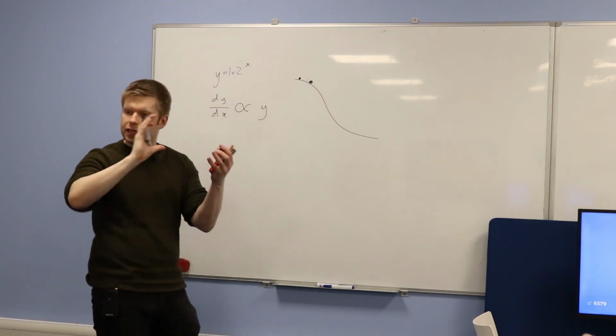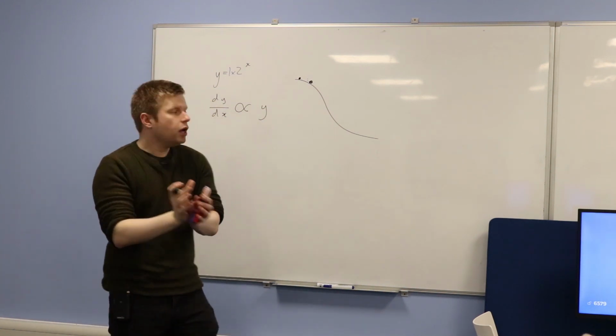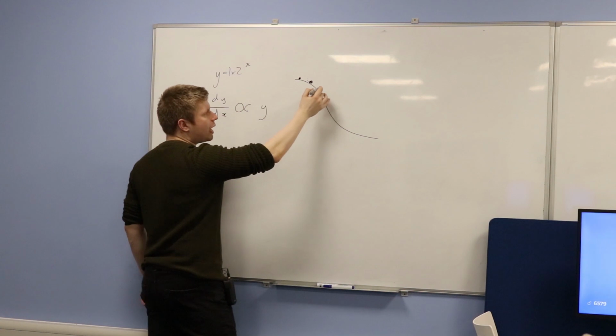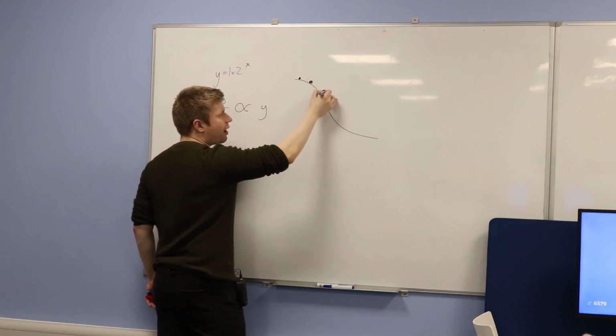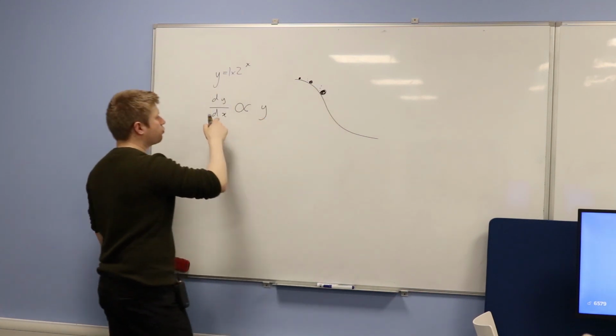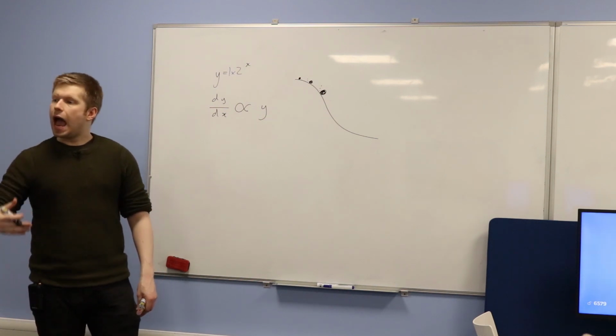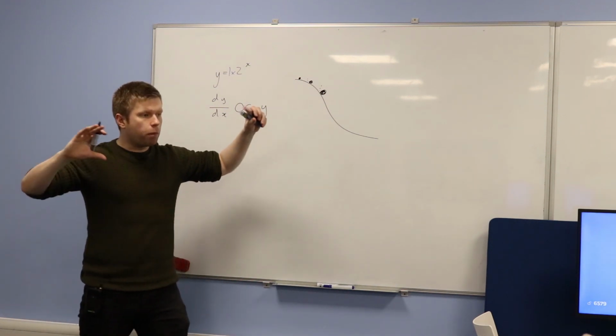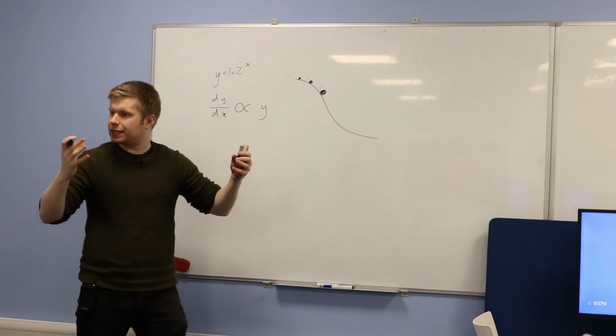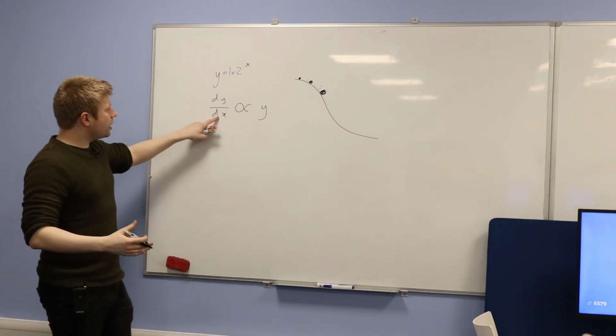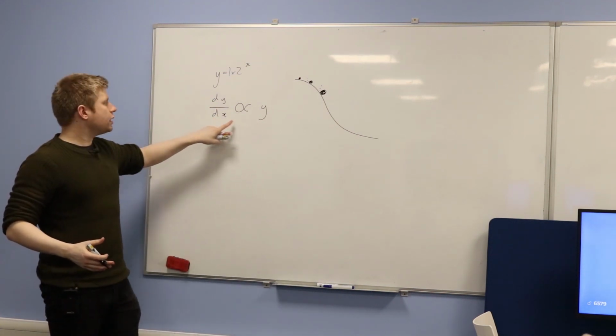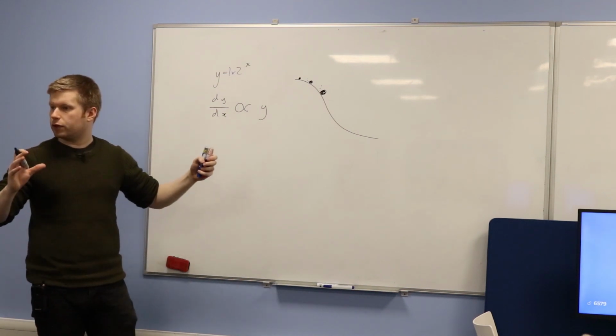Because its surface area will increase. In other words, its rate of change increases. And the more surface area there is, the more snow that can stick to it. In other words, the bigger my snowball is, the faster it can grow because there's going to be more surface area.